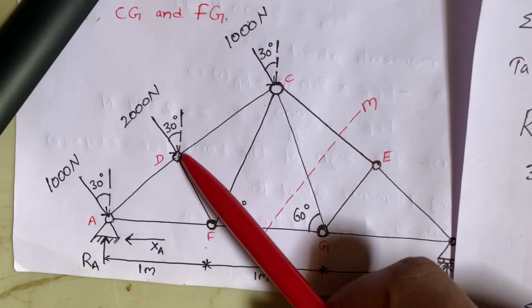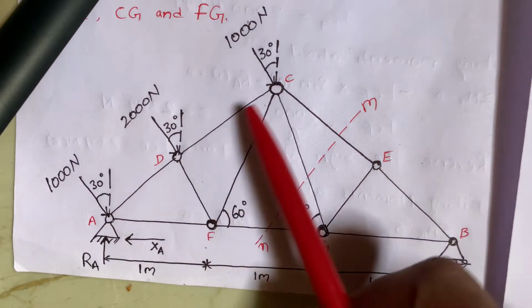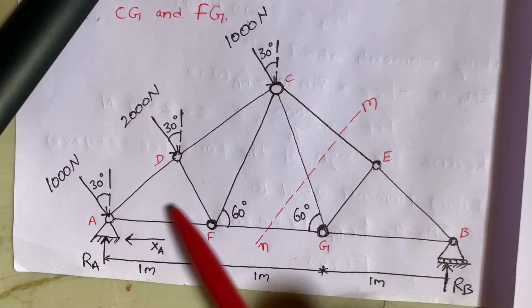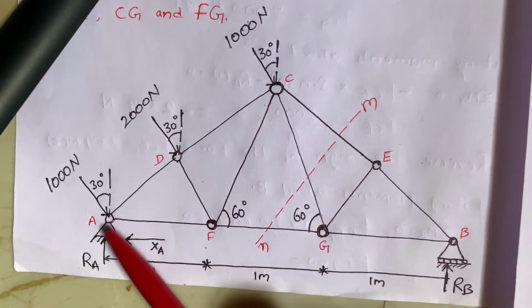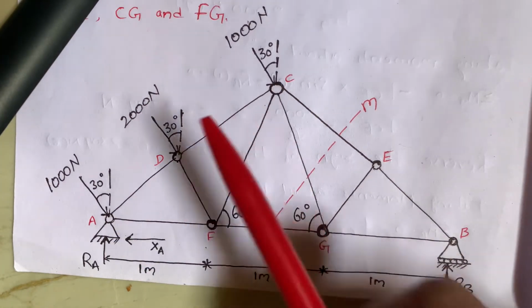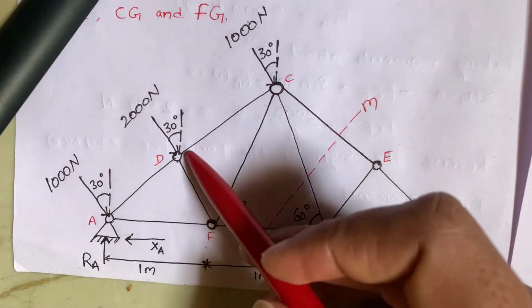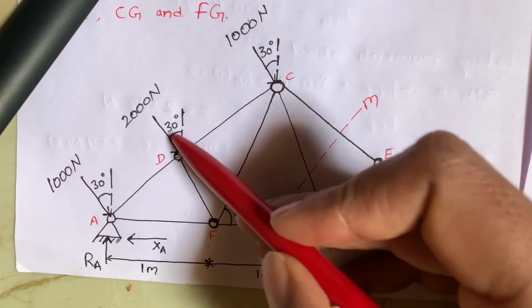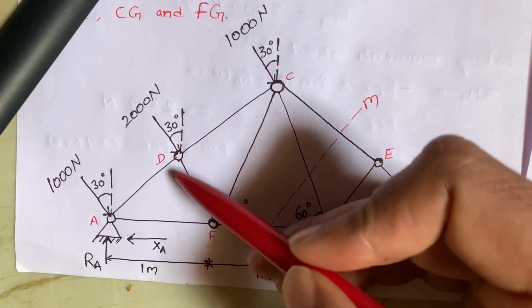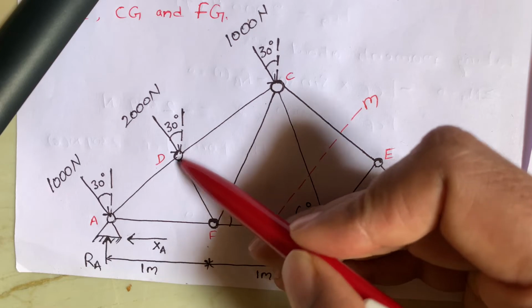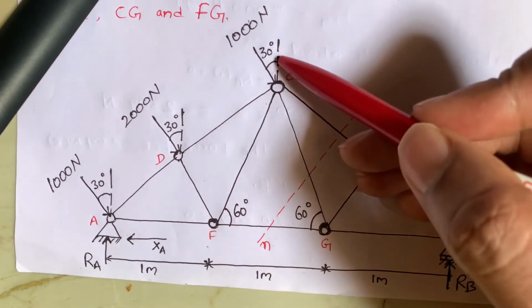AC is nothing but from here to here, that is AG cos 30. Why? Here this is 30. If I am considering this axis like this, the opposite angles are always equal. So here it is 30, then it is also 30. Like that from here also.